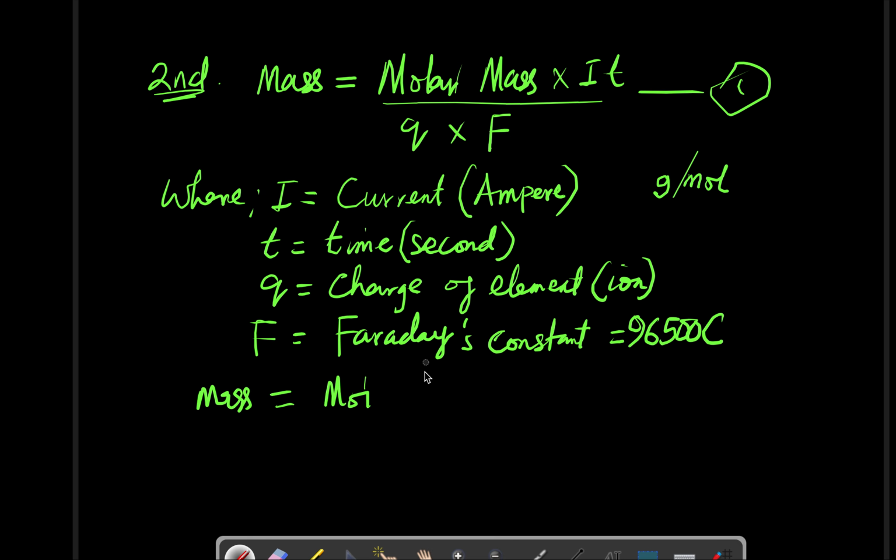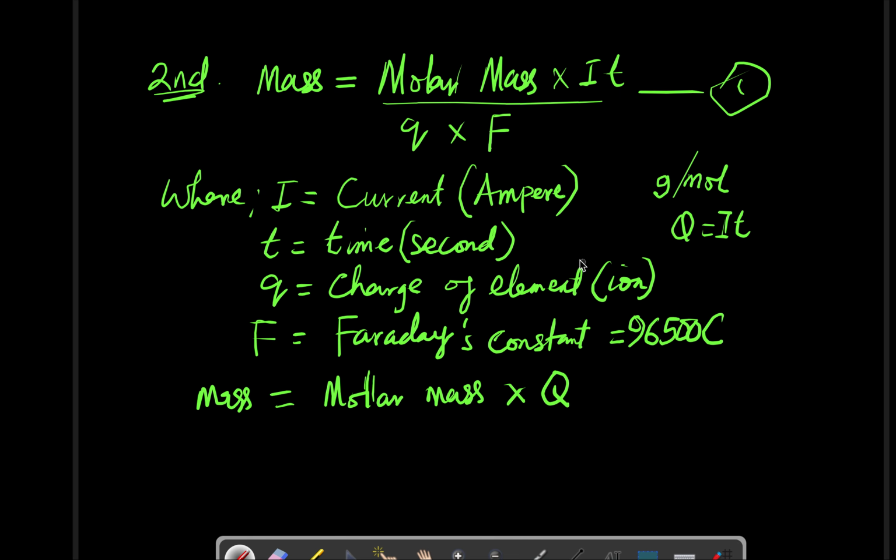In case they didn't mention molar mass in a problem, and you see gram per mole attached to a particular number, just know that they are talking about molar mass. So we have molar mass times, in place of this IT, we replace it with Q. Remember, we always say that Q is equal to current times time.